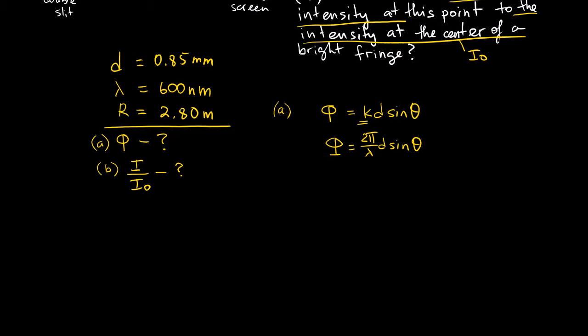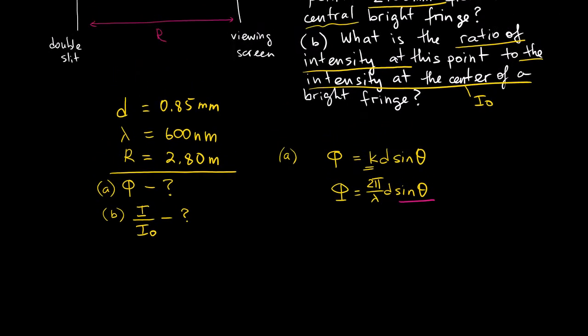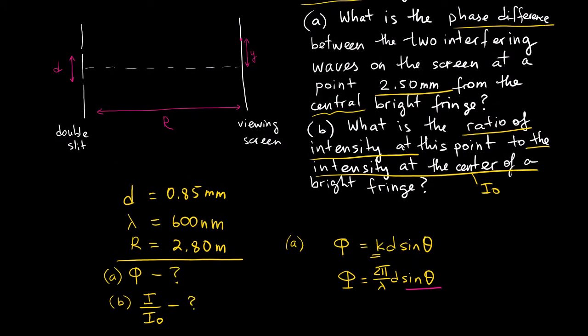Now, if we look at this equation, it seems like we have the d, we have the lambda, but we don't have the sine theta. How can we find the sine theta? Let's go back to our picture again. This is the point we're interested in, and this is the theta right here. If we highlight this triangle, you can see that it's a right triangle with one side y, another side r.